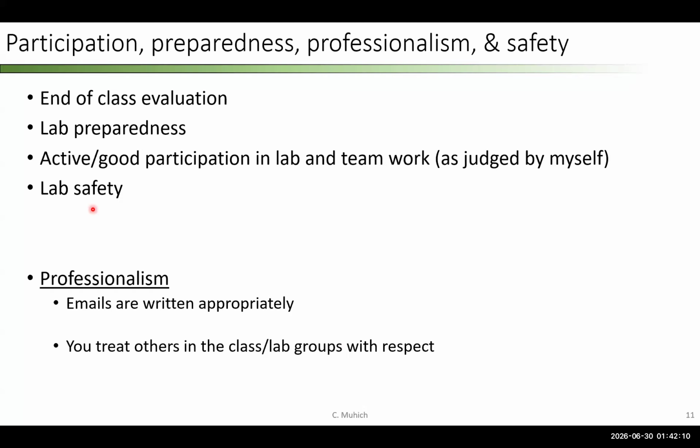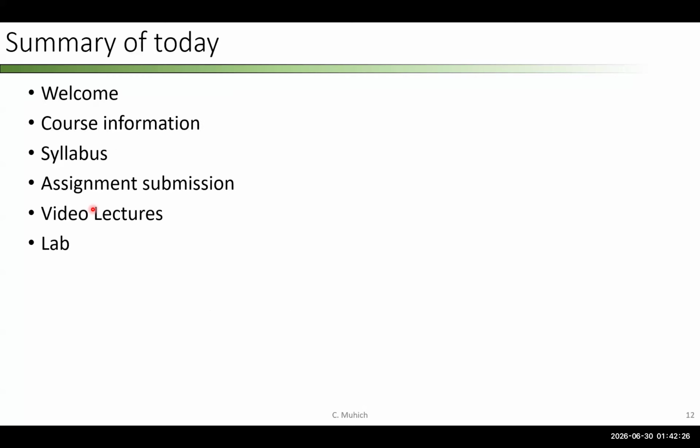In terms of professionalism, this means that emails, both to myself and the other students in the class, are written appropriately and professionally, and that you're treating the others in the class and in your lab groups with respect.